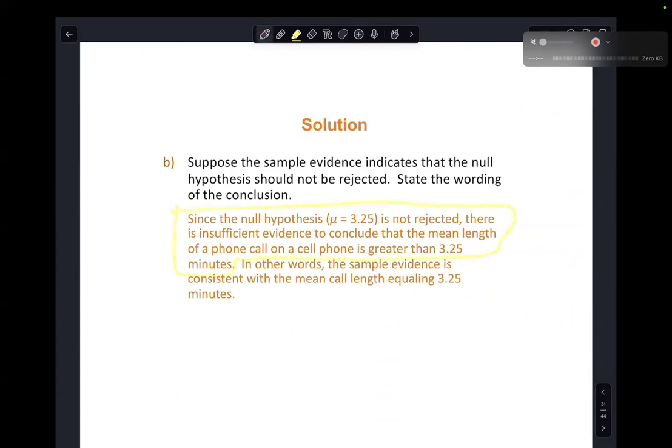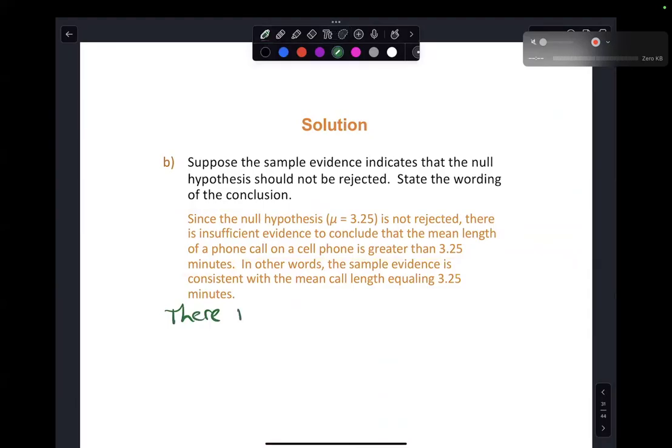What I would probably write, this is my own wording: there is insufficient evidence. You can say not enough evidence if you want. I like the word insufficient, but if you say not enough evidence, that's fine.